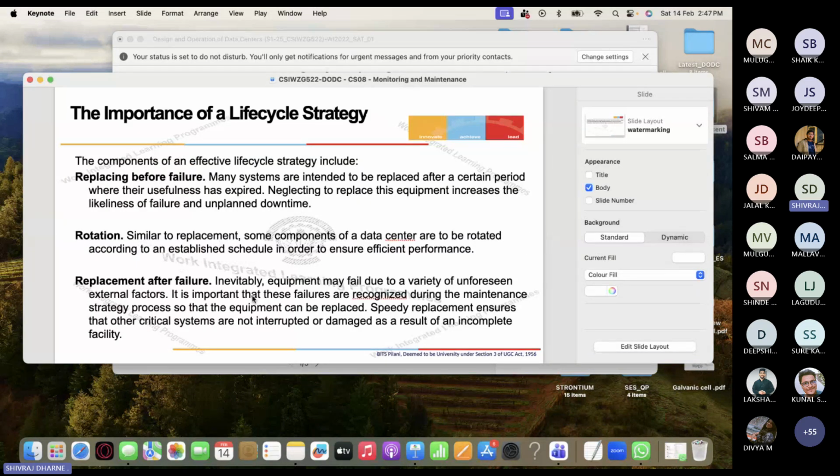Okay. So what is the importance of a life cycle strategy? What does life cycle strategy mean? You install it first, operate it, maintain it. Then you need to make sure you replace before failure. Many systems are intended to be replaced after a certain period, because everything has a life period.